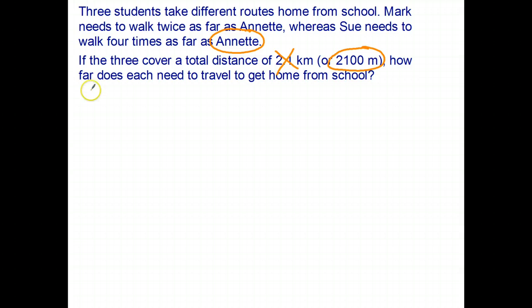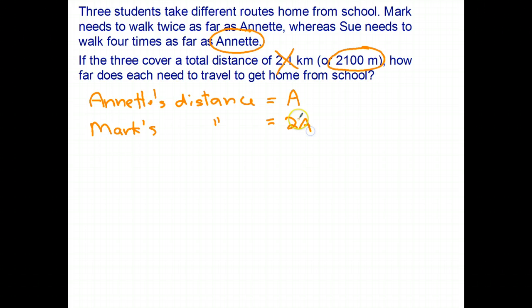So we can say Annette's distance that she has to walk, we'll call that A for Annette's distance. Okay, now Mark needs to walk twice as far as Annette. So Mark's distance, I'll use the little quotes, that's going to be twice A. And Sue's distance, well, Sue needs to walk 4 times as far as Annette.